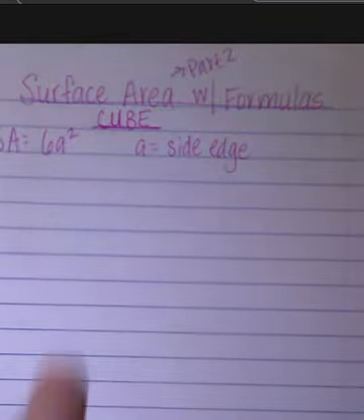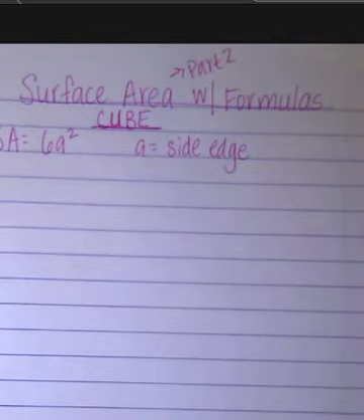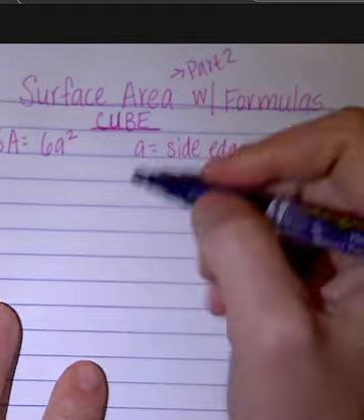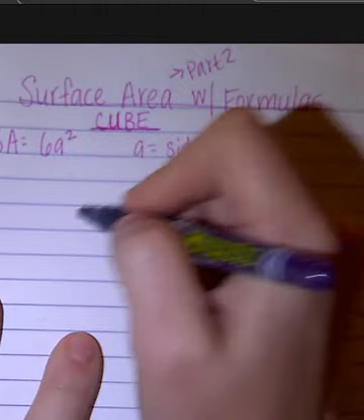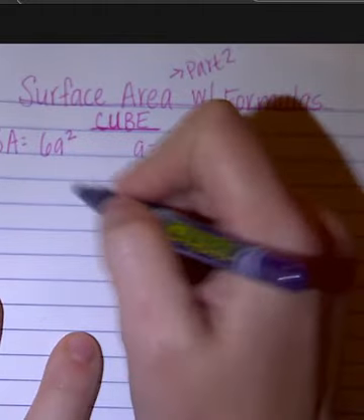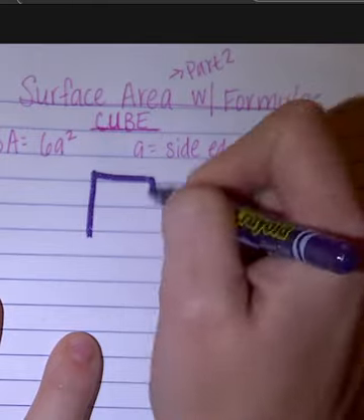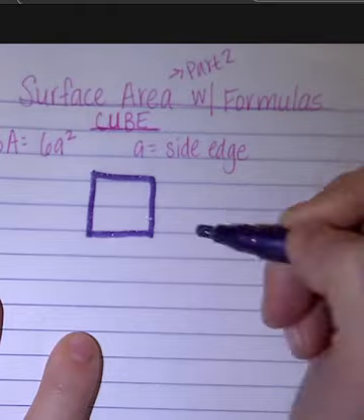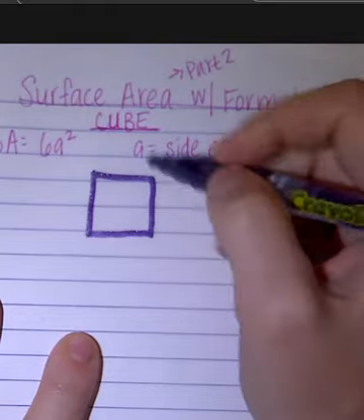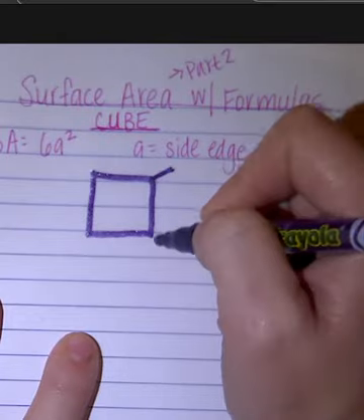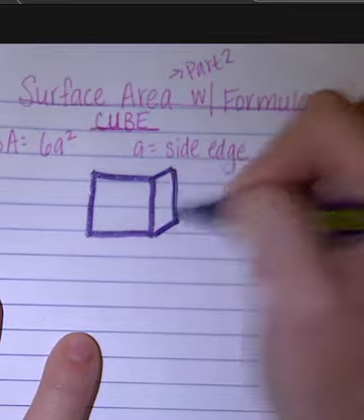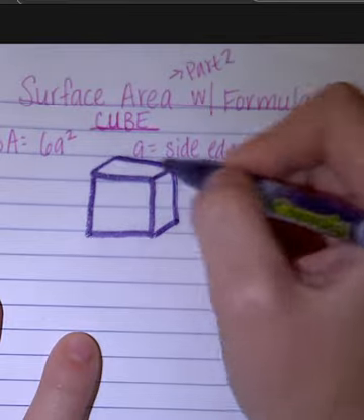Okay, so we're going to do something that Miss Hogg is not really that great at doing, and that is going to be drawing a three-dimensional figure. I always like to just draw a regular square first, and then I will draw the side part, and then I can draw the back.